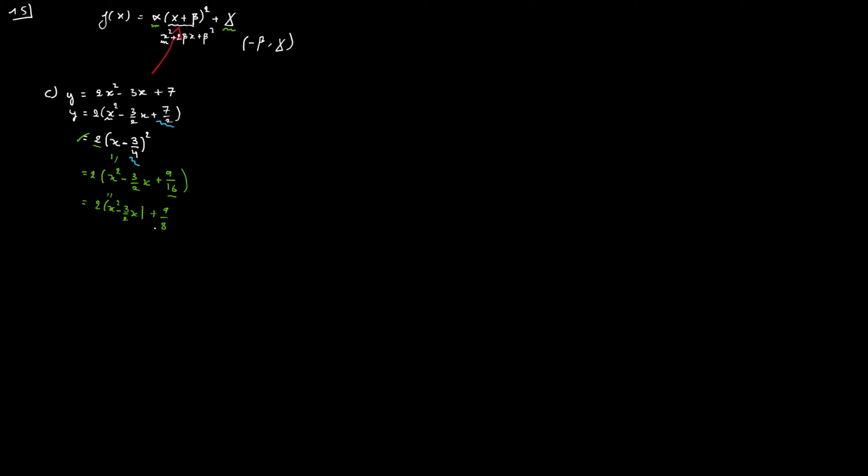Now I ask you the question: what's the big difference between this thing and what we had before? Because it's not going to be exactly the same thing, right? In this case it's x minus 3/4, so we get here 9/16. If I didn't make a mistake, yeah, sorry, I made a mistake.